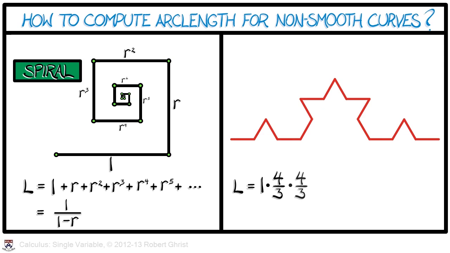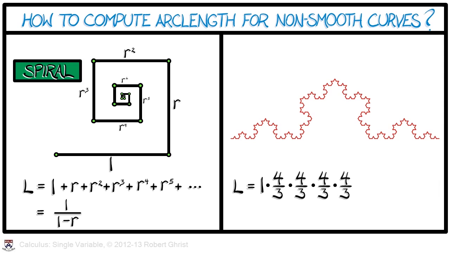Now, if we took each of those resulting segments, removed the middle third, and replaced with 2 smaller segments as shown, then we would be multiplying the length of the entire curve, again, by a factor of 4/3. Now, I think you can guess what we're going to do. We're going to continue this process inductively, at each stage multiplying by a factor of 4/3.